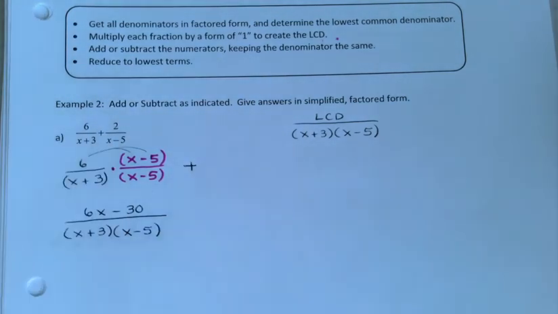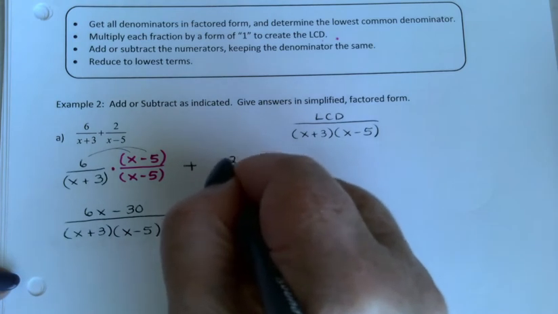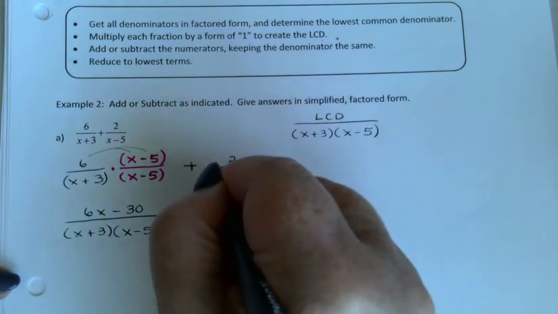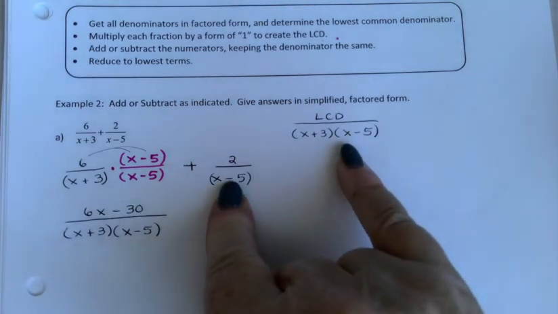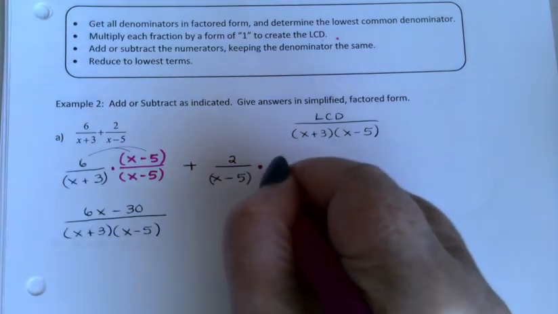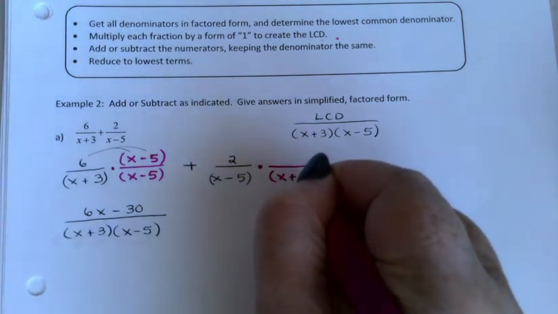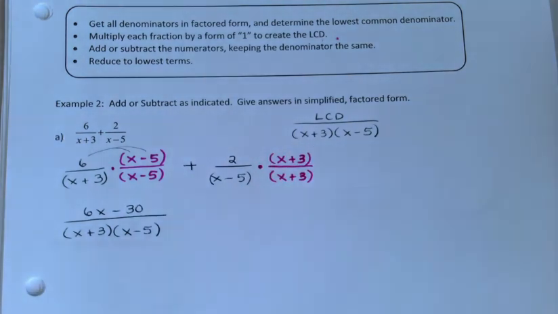Let's go back and work with the second fraction now, 2 over x minus 5. Again, I compare what I have to my LCD, and I'm missing the x plus 3 this time. So I'm going to multiply by that x plus 3 over x plus 3 to get the form of 1.